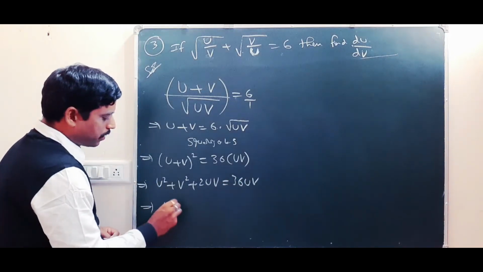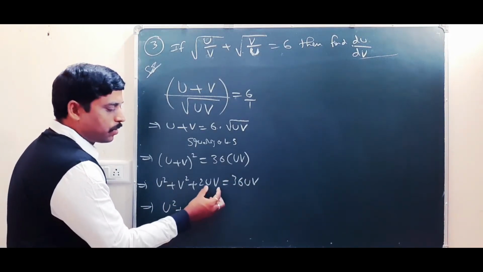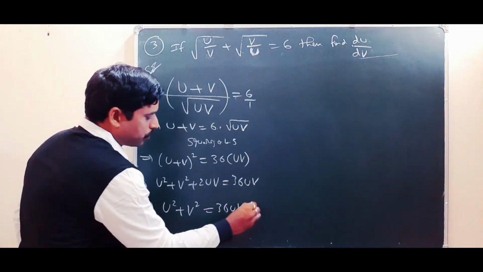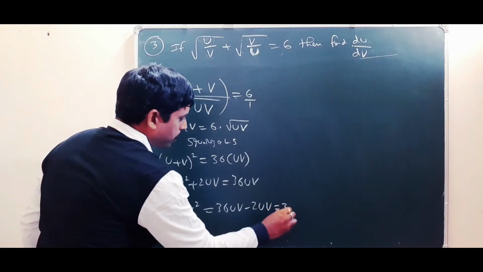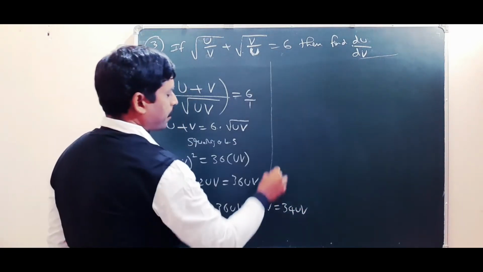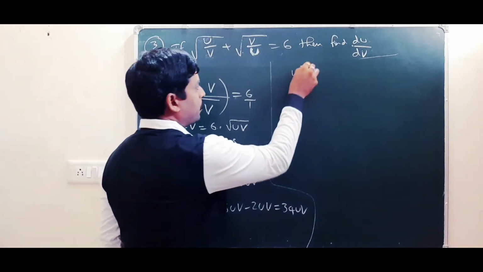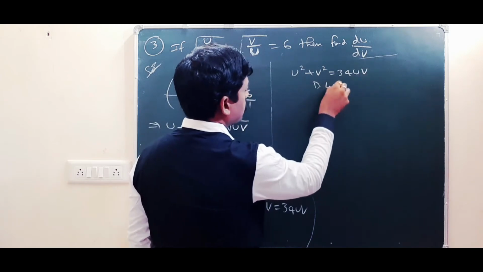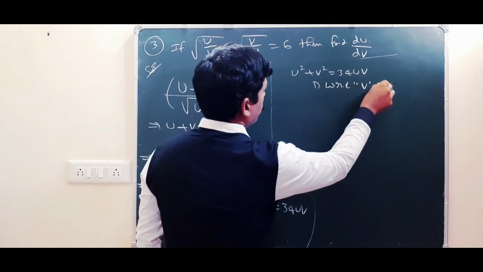Bring 2uv to the right side: 36 uv minus 2 uv is 34 uv. What we get: u square plus v square is equal to 34 uv. Now differentiation with respect to v on both sides.